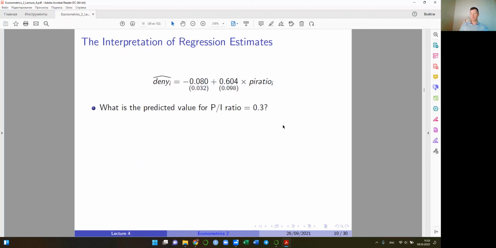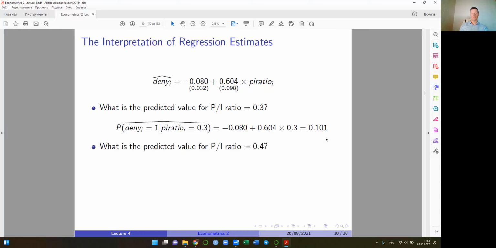We just plug in this value and we compute that the probability of a denial when PI ratio is 0.3 is around 10%, 10.1%. When PI ratio is 0.4, so 40% of your income goes as a payment for the mortgage, the probability of denial logically increases.